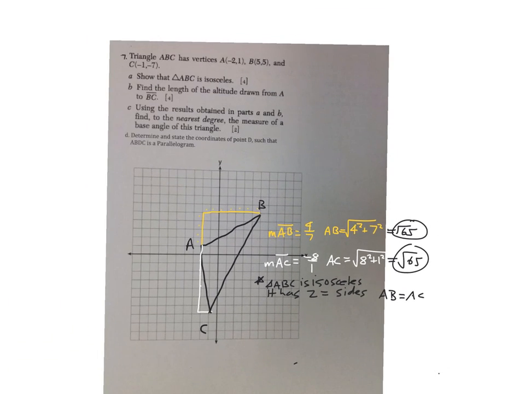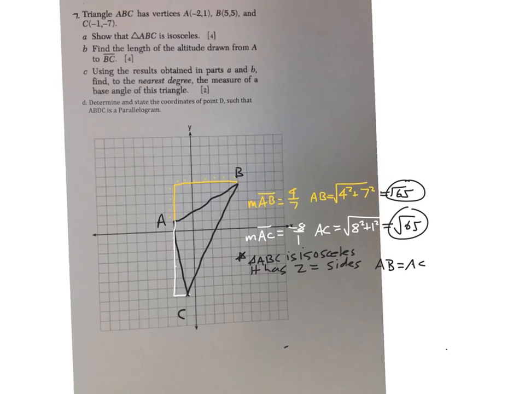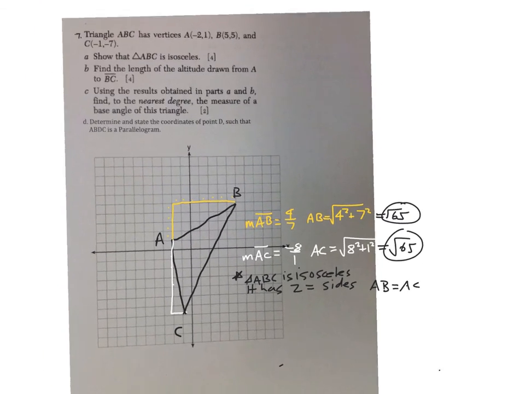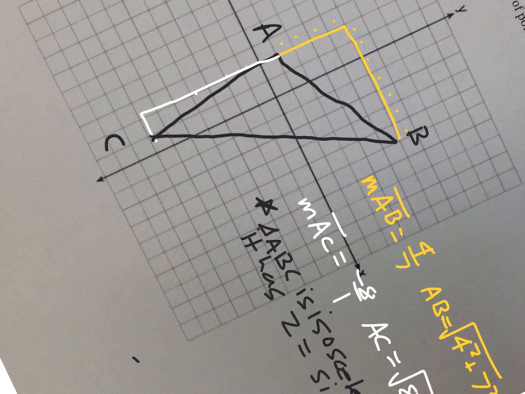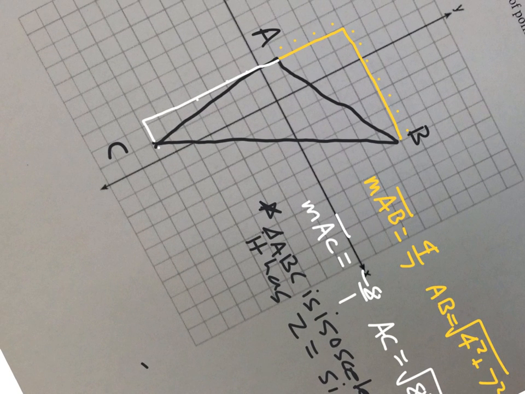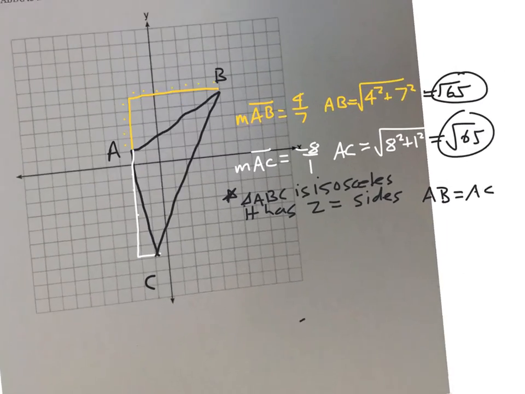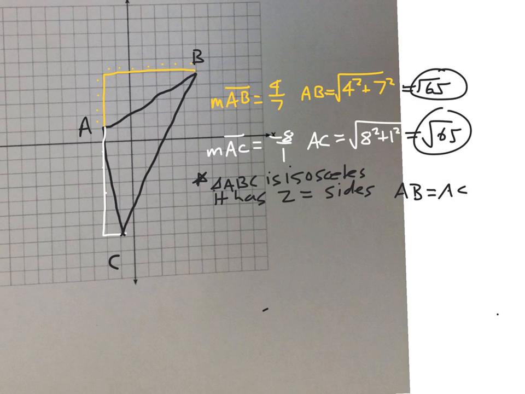Next question up. Find the length of the altitude drawn from A to BC. I need to know the length of the altitude in this triangle. To do that, first of all, I have to figure out the slope of BC, because my base of my triangle will be side BC, and my altitude must be perpendicular to it.